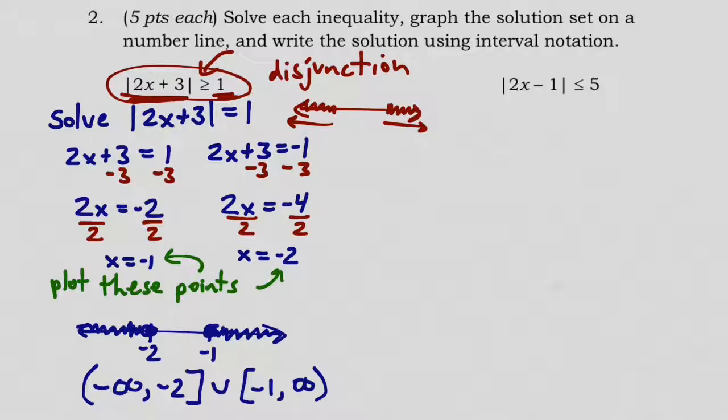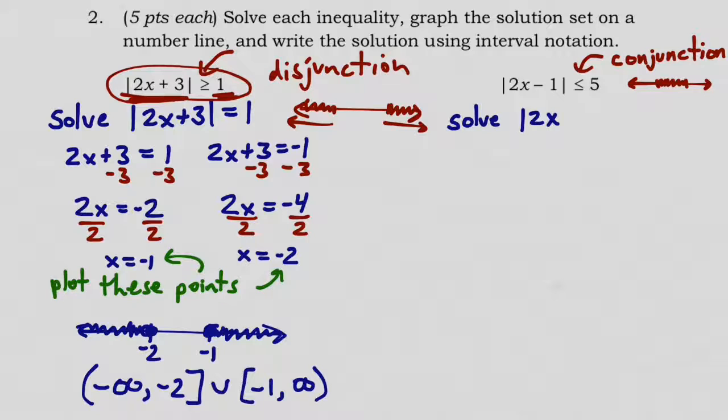The next example is going to work in very much a similar way, but this time we have a less than symbol. So let me identify at the start that our solution is going to be a conjunction, and for an absolute value, a conjunction is going to be values that are between two boundary points. Solving the related equation allows us to find those boundary points.